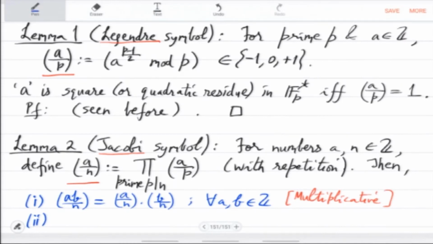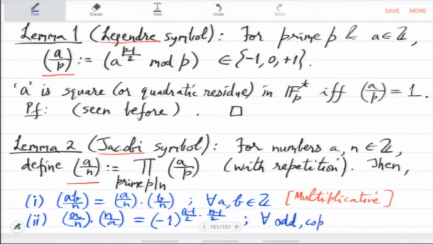The second one is what is called the reciprocity law. What it means is that if you know A by N, then N by A is correlated. So A by N times N by A is just a sign, and we can easily find out the sign. This is minus 1 to the A minus 1 by 2 times N minus 1 by 2, for all odd and coprime A, N. This is called Gauss's quadratic reciprocity law.